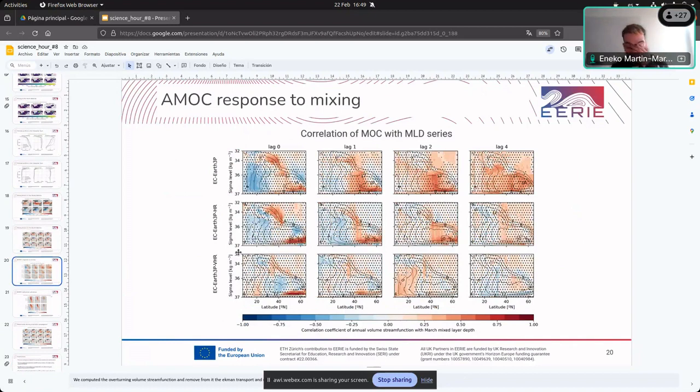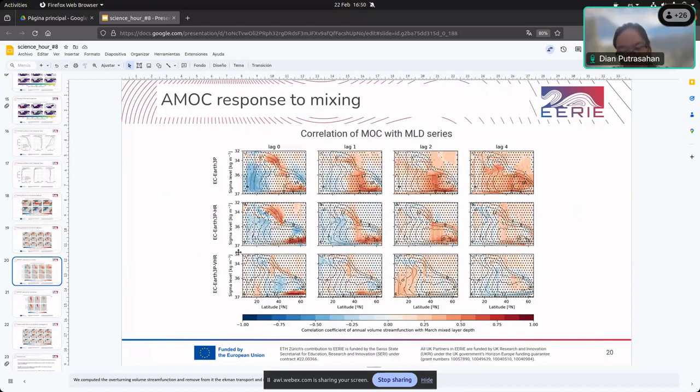We tried using low-pass filters of 3 and 5 years, but we cannot filter for longer time scales because we end up without enough points to get significance. So we try to fit to lower time scales. I don't know if you have any suggestion with that.